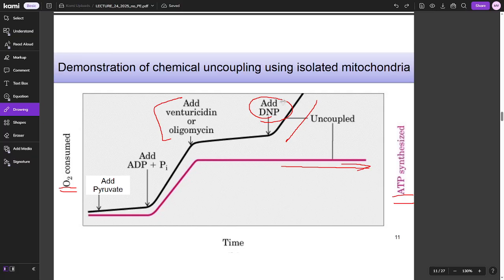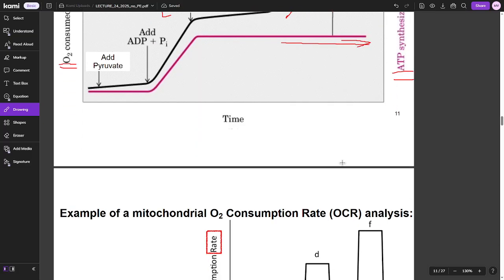And so now the electron transport chain has to work 10 times harder to generate that proton gradient. So you end up getting this massive increase in O2 consumption and just a stagnant ATP synthesis where it just does not change.